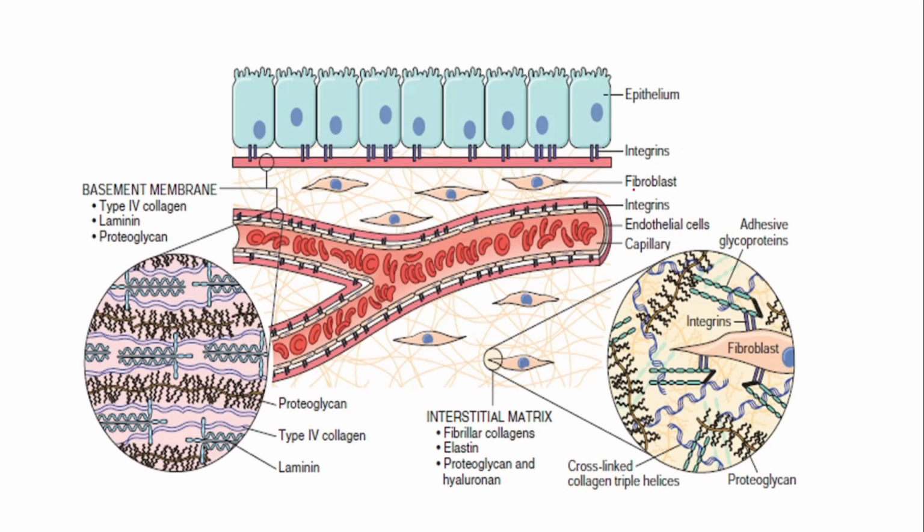so integrin is present here. During inflammation, when leukocytes are flowing in the lumen of these blood vessels, these integrins help in attachment of the leukocytes to the endothelium as well as transmigration of these leukocytes to the site of injury as well as inflammation.